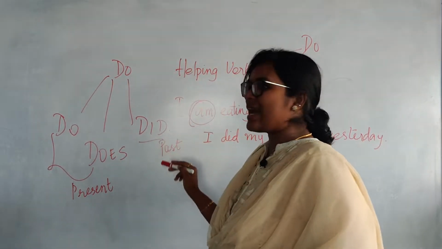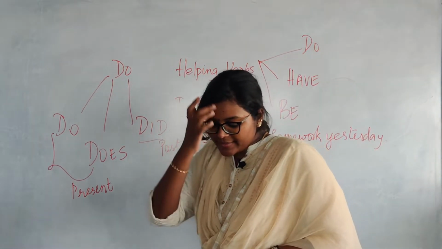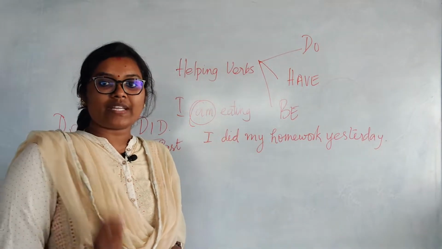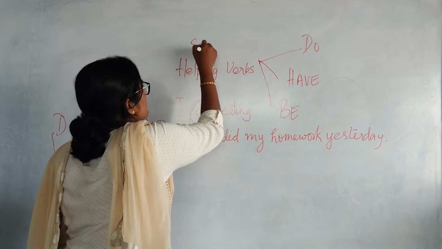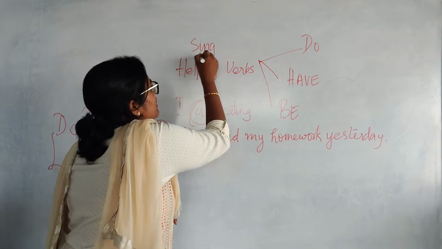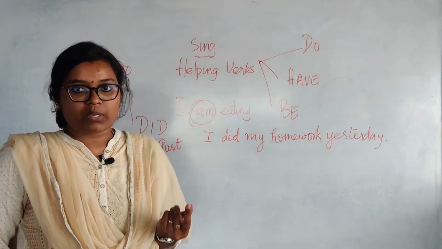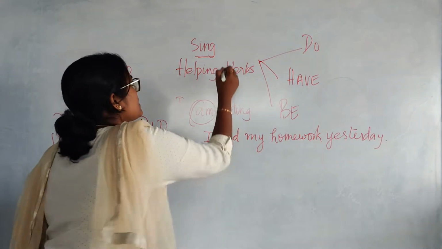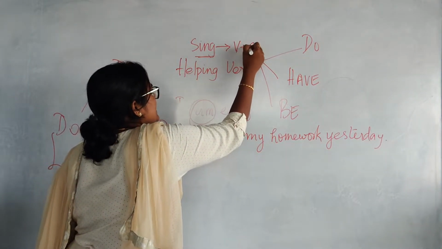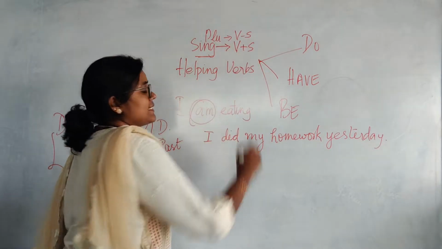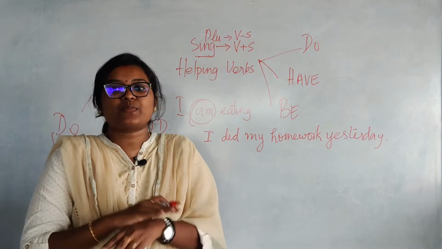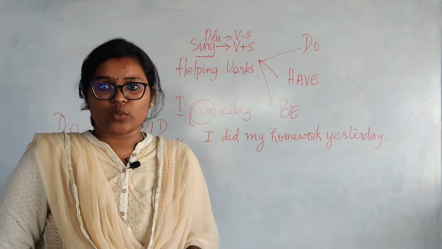And how about do and does? For do and does, I would want you to remember a very simple and easy formula. Whenever we're talking about singular objects, one thing, the verb will contain the s. And when we talk about plurals, the verb does not contain the s. This is a strict formula that will never change for any of the verbs.